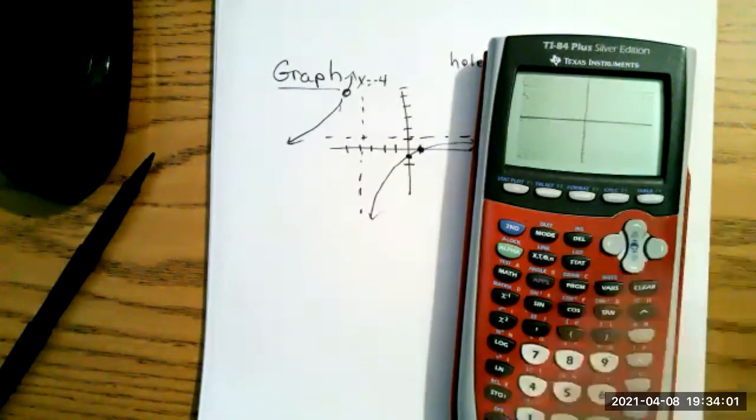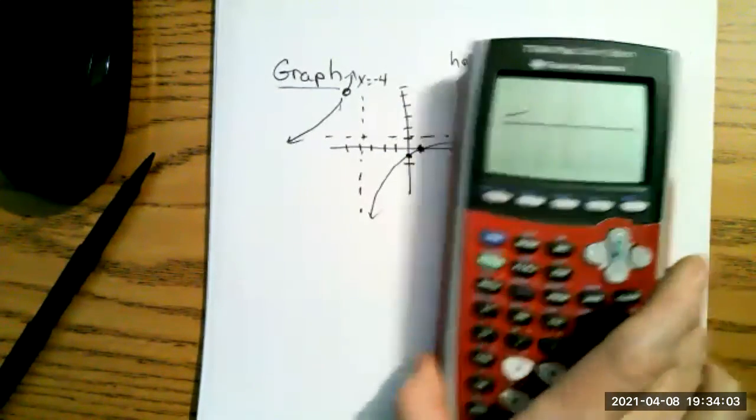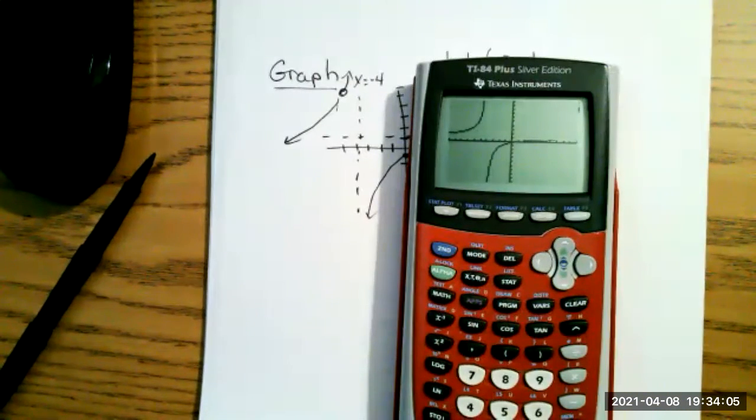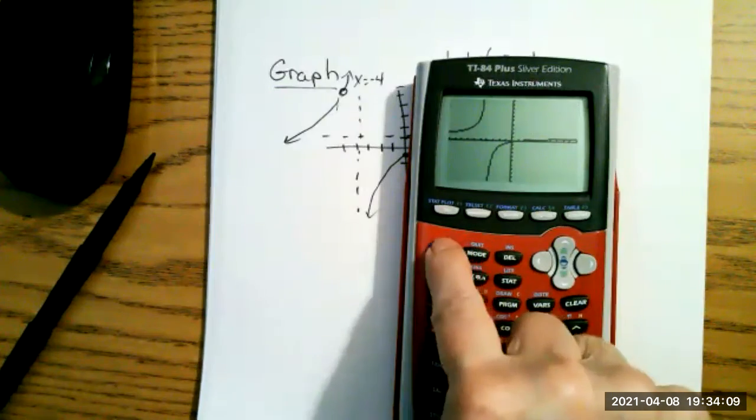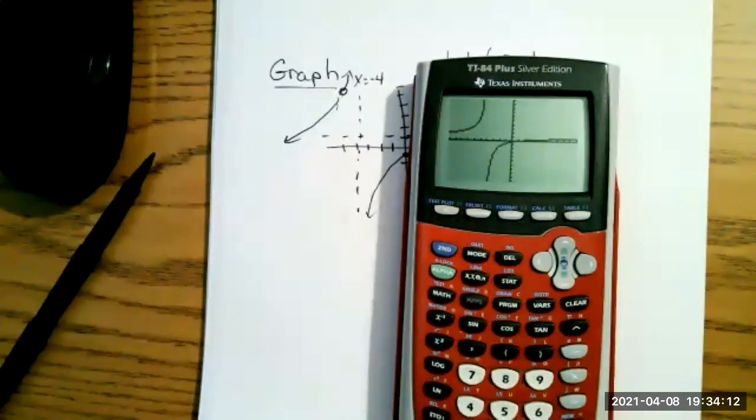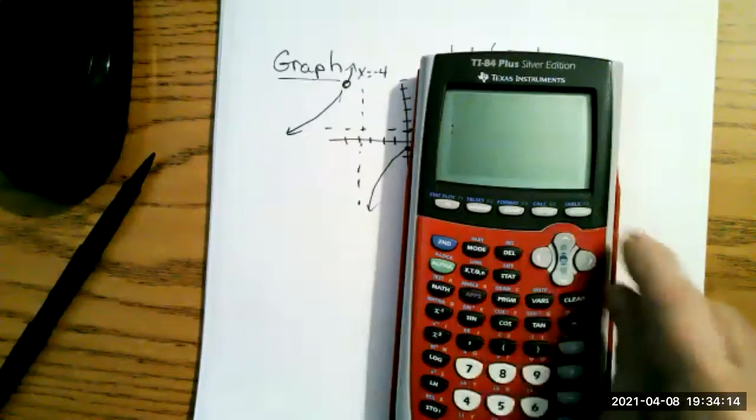All right, let's see if we can get a picture of it. That's what it looks like. And let's check out that hole and see what it says. There's the picture of my graph right there, but there's a hole somewhere. Let's see if we can find it.